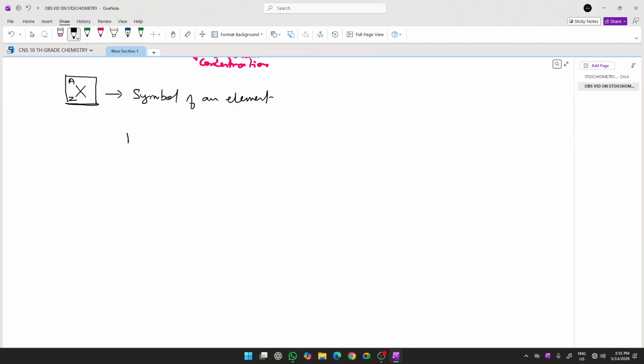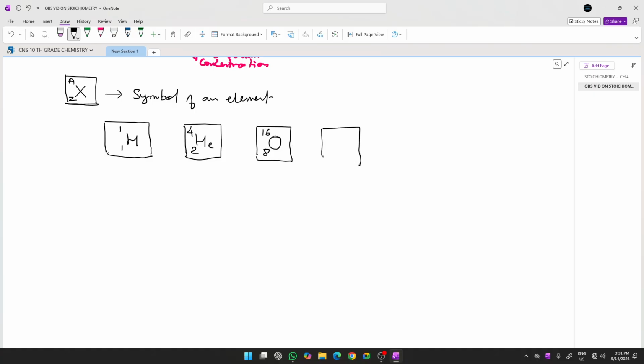For example, hydrogen is written in a square box. Then you have helium, with 2 and 4. Then oxygen, with 8 and 16. We have carbon, with 6 and 12, and so on.